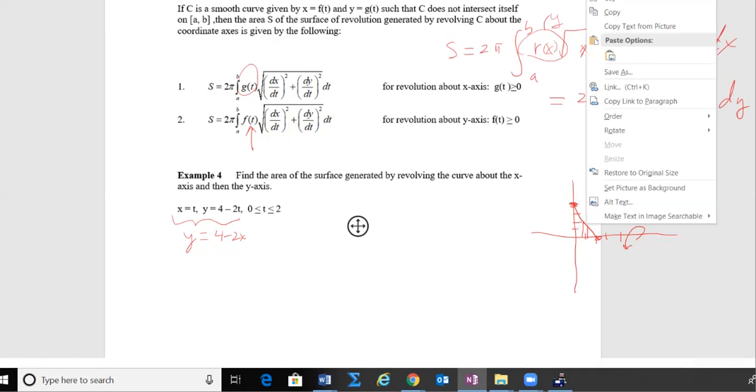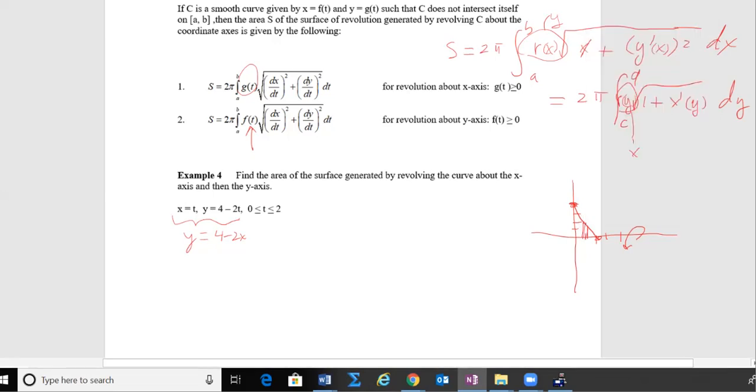Remember that right frustum that we set up. So we're going to have surface area, 2 pi, and now we will have y in here. Square root of y prime squared plus x prime squared dt, 0 to 2. So it's 2 pi, 0 to 2.